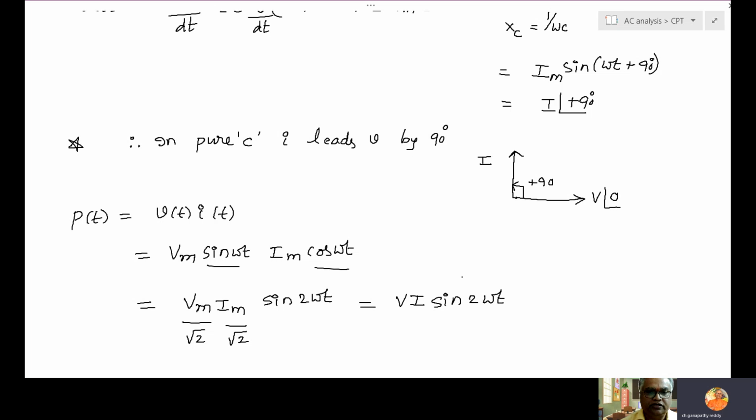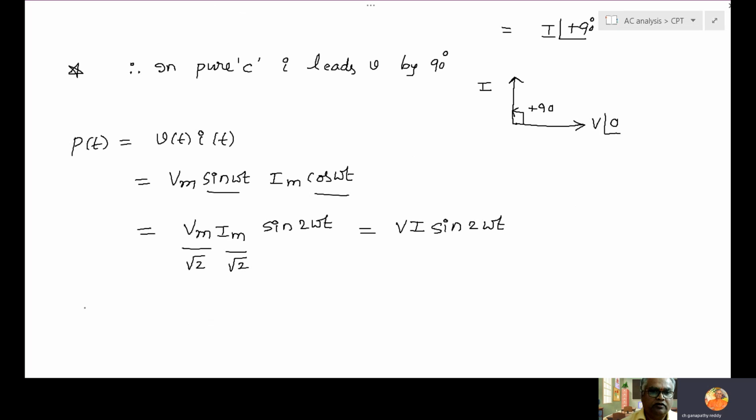This is instantaneous power. But what is the average of this? P of t average, indicated with capital P, is equal to 0. Why is this average 0? It's a sine wave, sin 2 omega t.